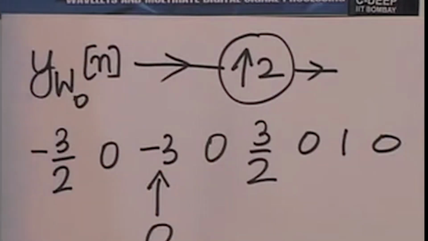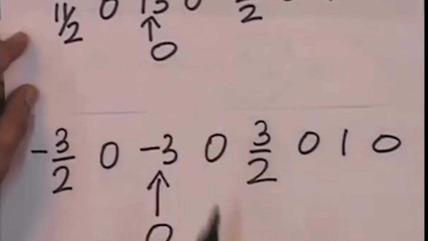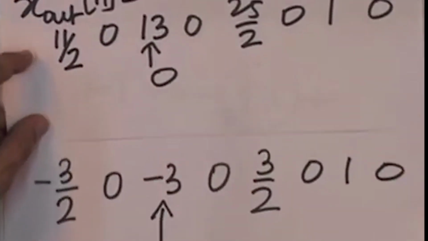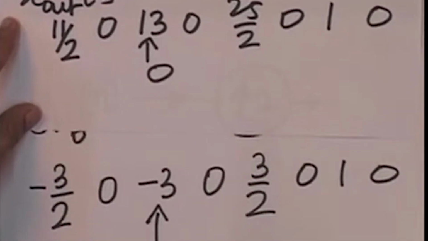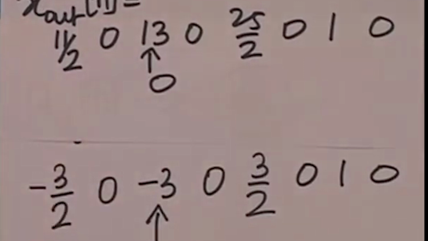If we simply added them, you can see, let me put them together for reference. So, I will just suppress this for the moment and let me just put them together, just these two sequences.